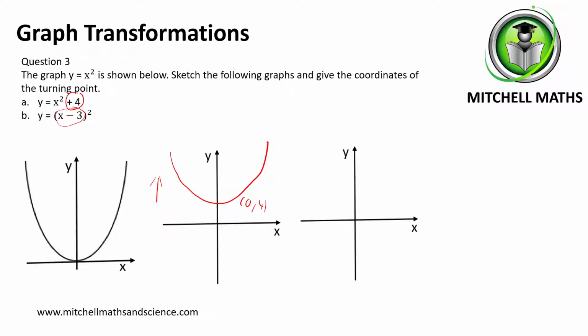If you take away from the x, you go in the positive x direction, because if you think 3, well, 3 minus 3 would be 0. 6 minus 3 would be 3. So all the values are going to shift to the right. Therefore, we're going to have something that looks like this. And the coordinates will be 3, 0.